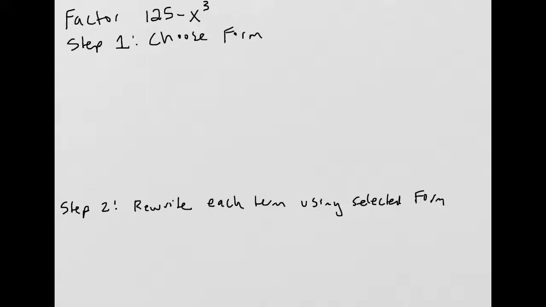When I'm factoring something of 2 terms, it's going to fall into one of 3 forms: a squared minus b squared, a cubed minus b cubed, or a cubed plus b cubed.